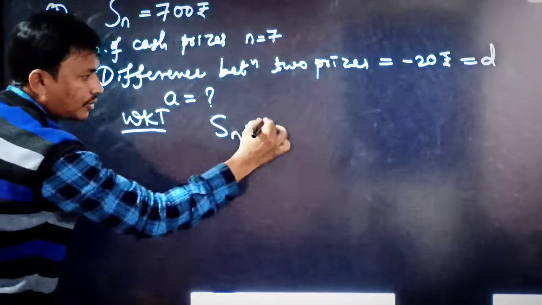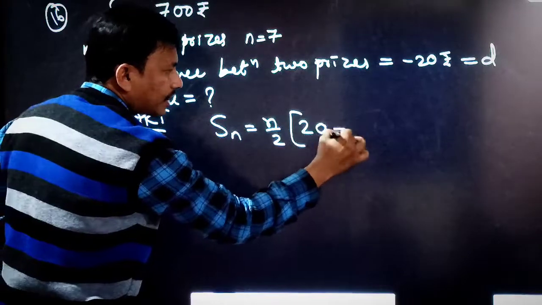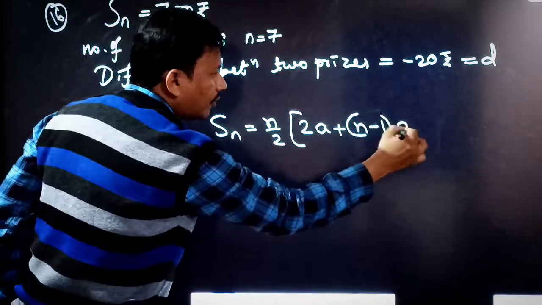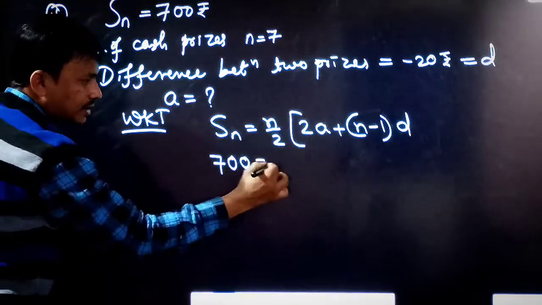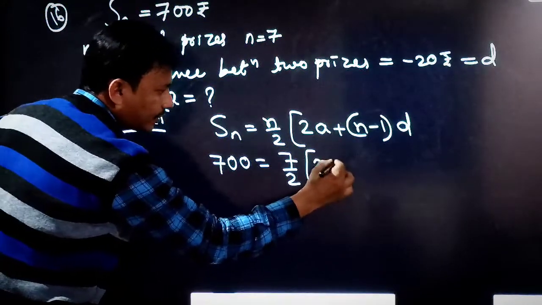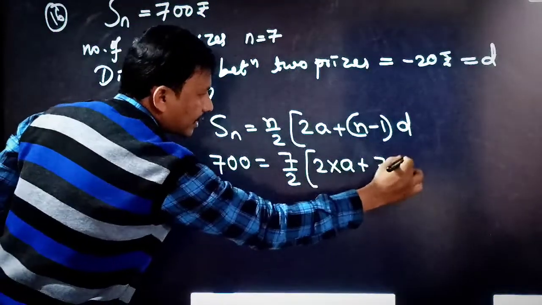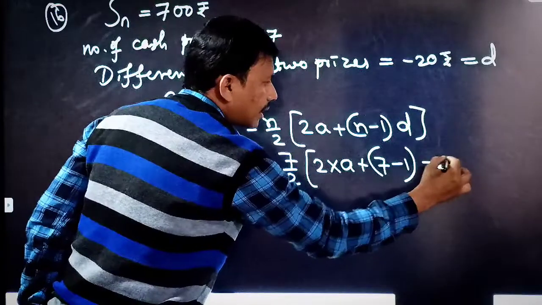We know the Sn formula: Sn is equal to n divided by 2 in bracket 2a plus n minus 1 into d. Sn value 700 is equal to n value 7 divided by 2 in bracket 2 into a plus 7 minus 1 into d value, which is minus 20.